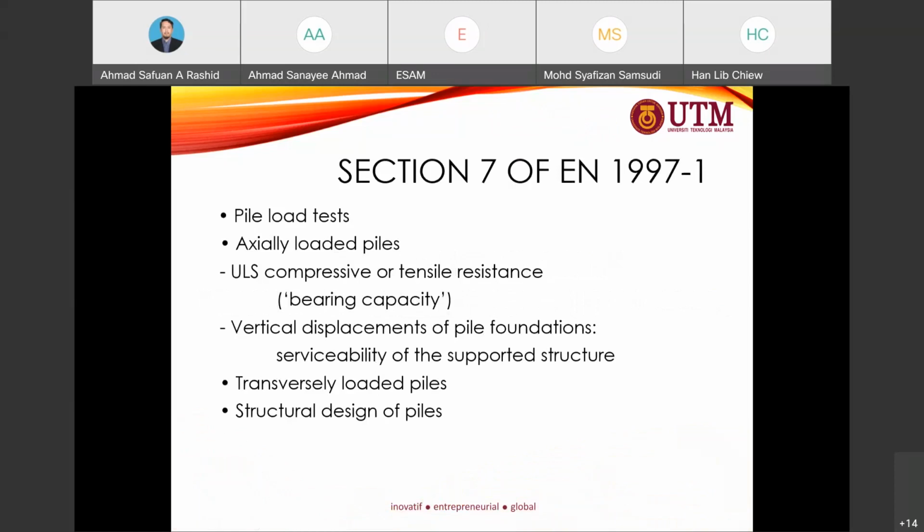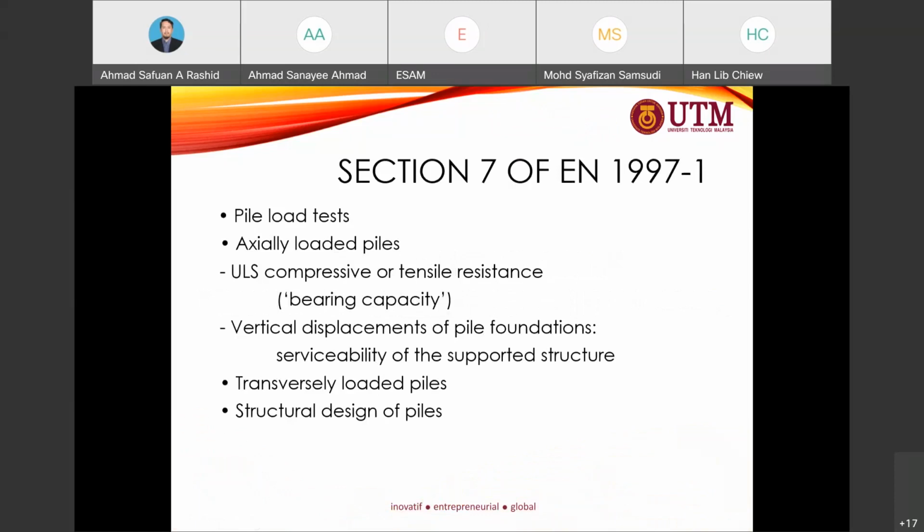Okay, in the discussion on pile foundation, in section 7, they have stated a discussion on pile load test.